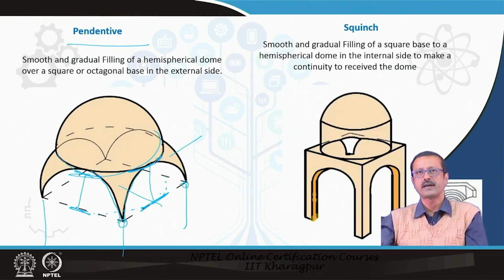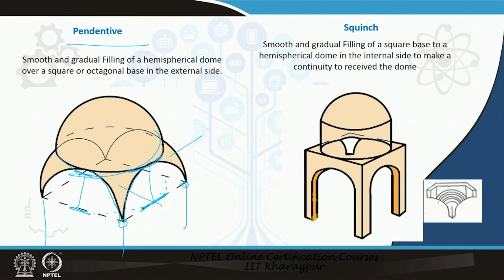Or instead of pendentives, we can go with the squinch system also. This is the second system. So, either pendentive or squinch, any one of them has to be used to transfer that load. Here, you can go with this kind of drum. This is the dome and this is the drum, and it is also a gradual change, filling the square base for the hemispherical dome, but it will be done on the internal side.